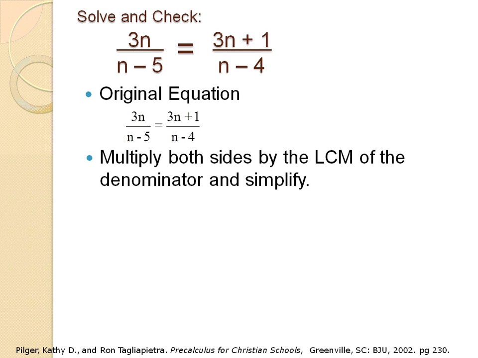So go ahead and write that out. So when we multiply here, multiplying this times this term here, the n minus 5s will cancel. Multiplying on the right side, the n minus 4s will cancel.